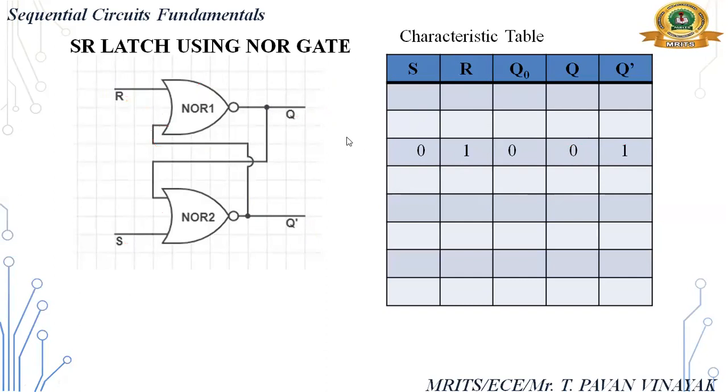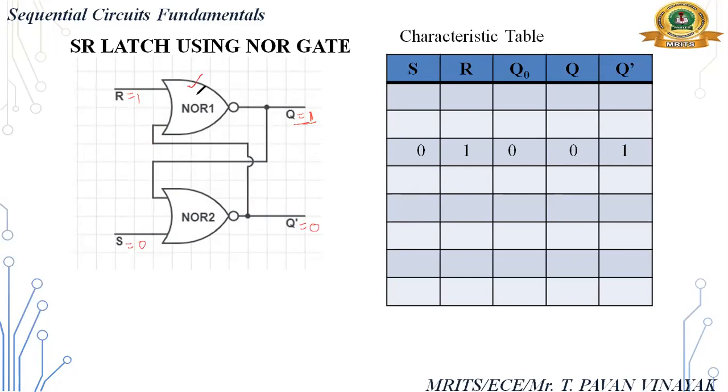Okay. Now I am taking previous state as 1. Then what happens? Q bar will be 0. And R is 1, S is 0. So which NOR gate is activated first?